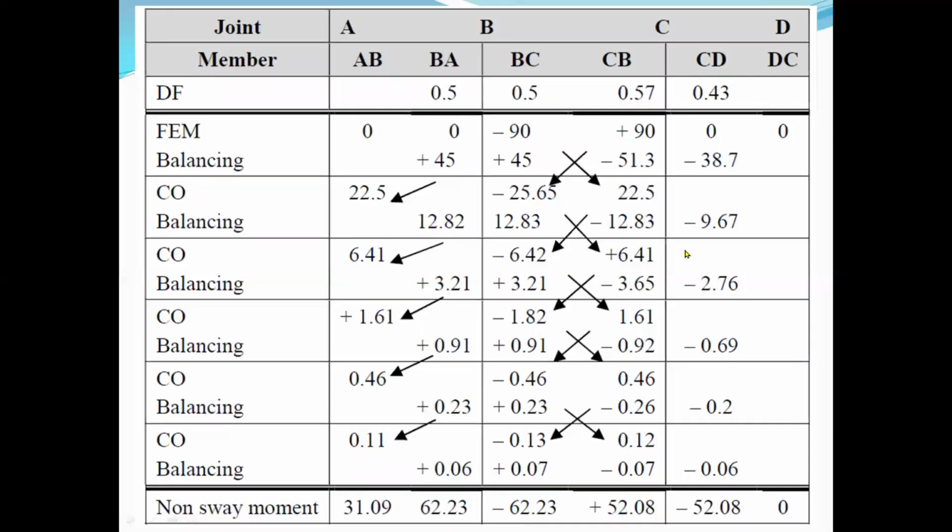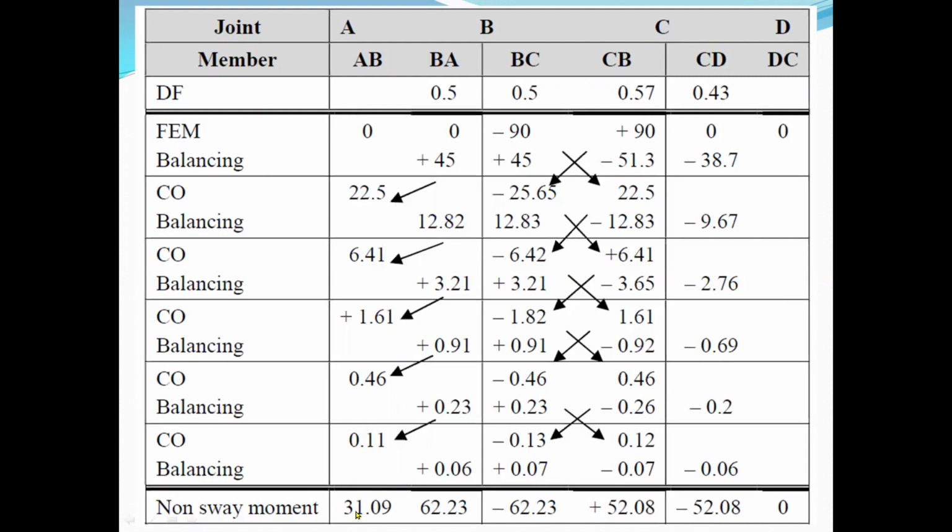So if you repeat this process, you will get a chart something like this. This I have already explained in my previous videos, so I am not explaining it again. So this is how we get the non-sway analysis chart. From this, you will get the non-sway moment. So you have to add the values from this thick line to this thick line.